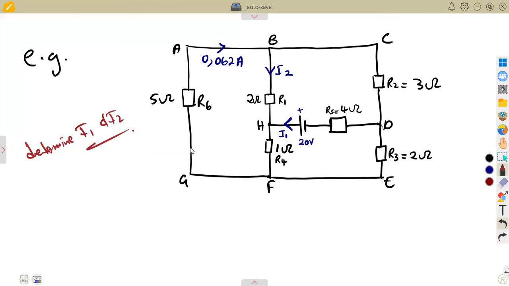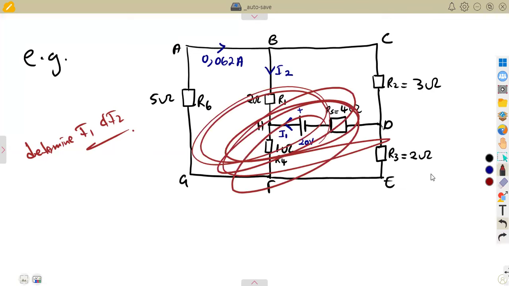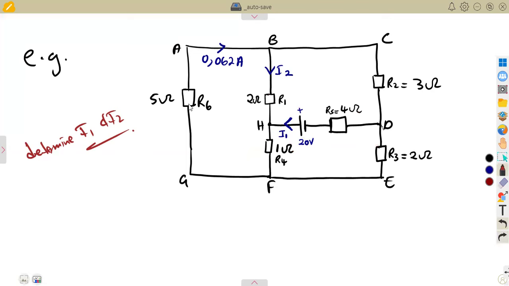So the first thing is to check, okay, are we having all the currents in each and every branch? If I am to use this loop here, I'll be limited because I do not have a current between H and F. Between point H and point F, there is no current. Between F, E to D, there is no current.